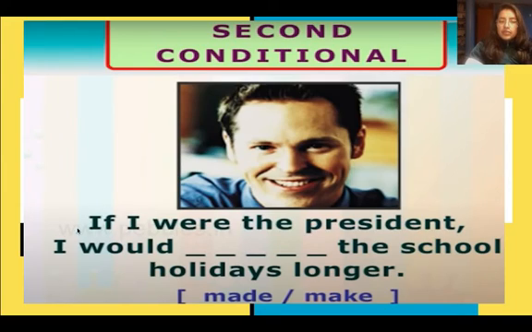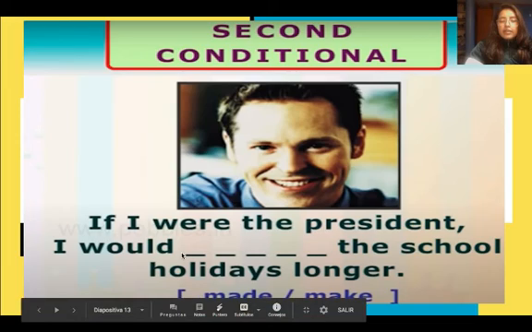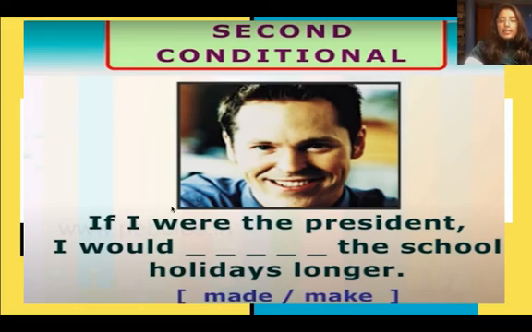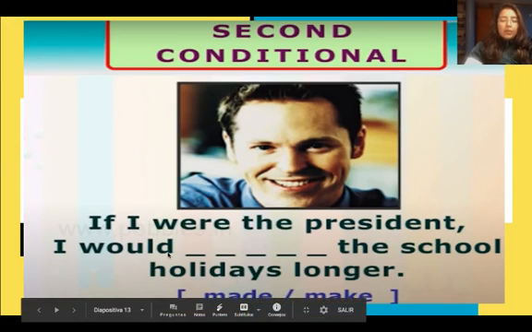For this reason, you have to put the comma and then you have to write the second sentence. Now, in the first sentence, we have to use past simple. In this case, were: if I were the president, I would.